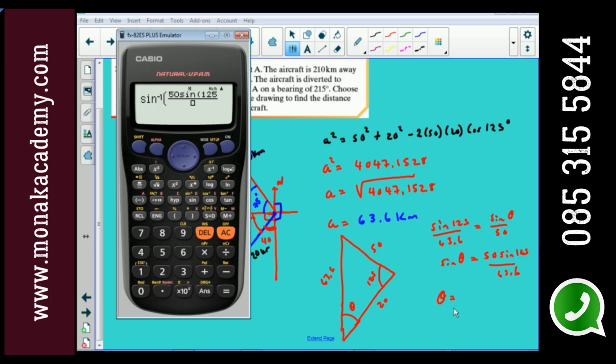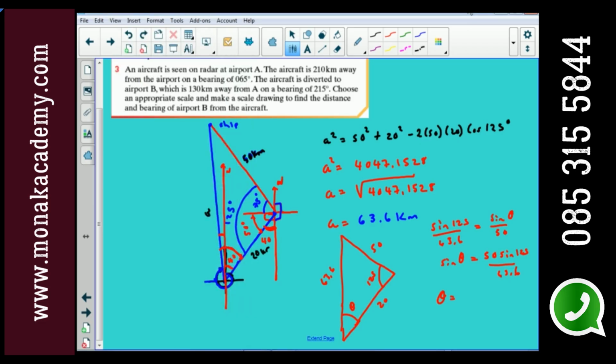Because we want the angle, don't we? Oh, the sine means the other side of it. Over 63.6. 40. I'm getting a math error.